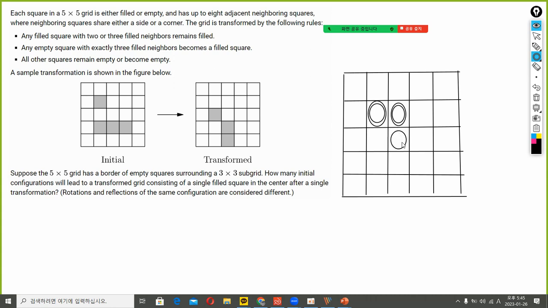We only want to make the center filled, not these two adjacent squares.